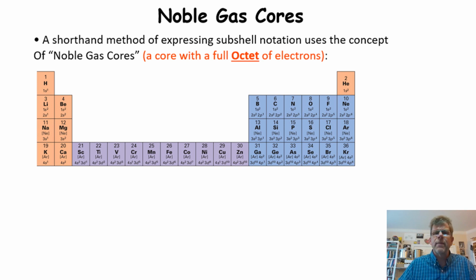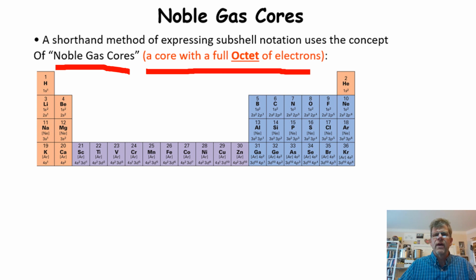So it's a shorthand method of expressing this subshell notation or electron configuration using the concept of noble gas cores. That is a core of electrons with a full octet. It is essentially the closest noble gas which precedes the element we're drawing the electron configuration for.